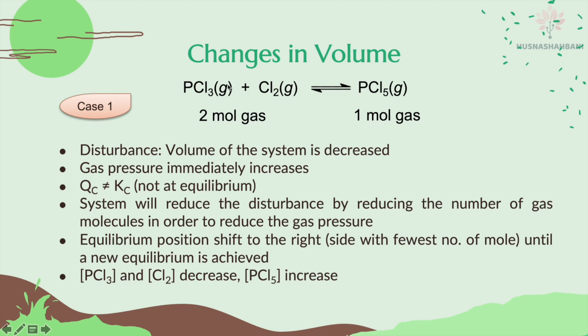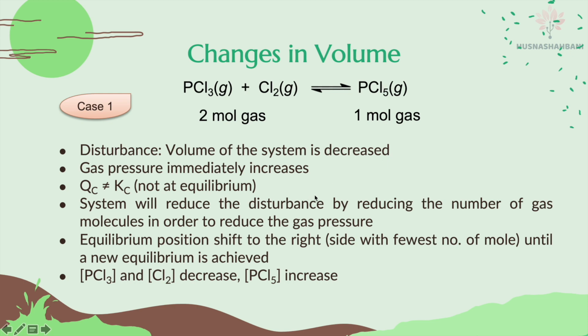The equilibrium position will shift to the right, the side with the fewest number of moles. If you look at the reactant, the total number of moles of gas is 2 moles: 1 mole for PCl3, 1 mole for Cl2. So 2 moles of gas at the reactant and 1 mole of gas at the product.